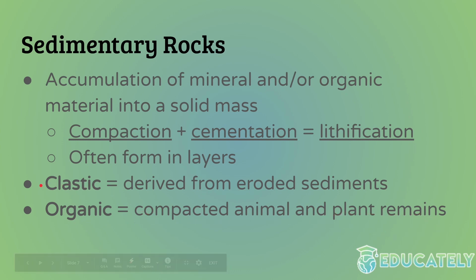Notice with clastic sedimentary rocks, we just have inorganic things, not things that were ever part of a living organism. But with organic sedimentary rocks, we have animal and plant remains. For instance, coal. I'm sure you're aware of what coal is. Coal is derived from decayed plant matter.